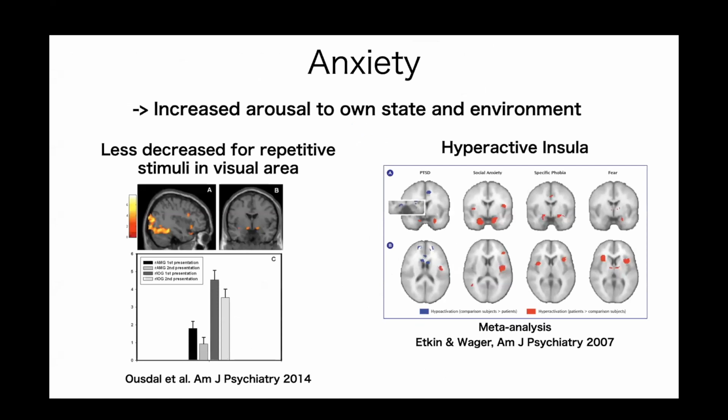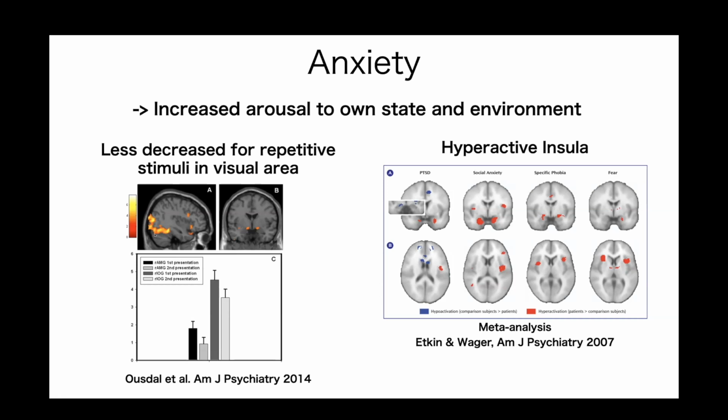In the case of anxious people, it has been reported that they have a lot of responses in visual regions. Usually when we repeat the same images, our brain responds less.